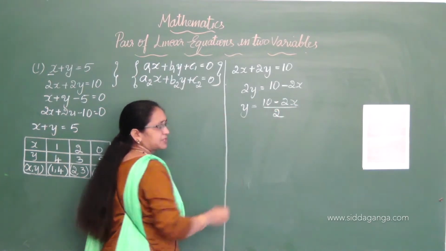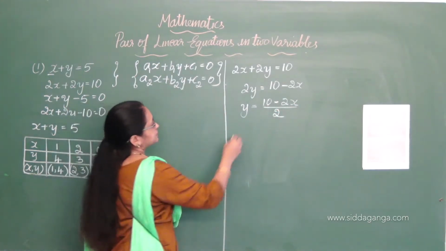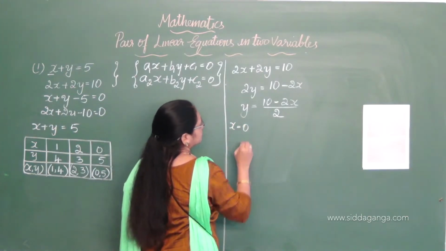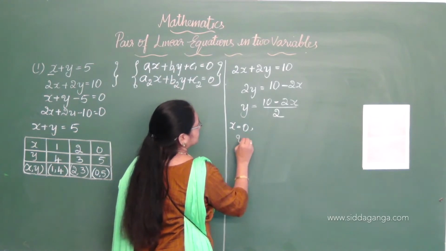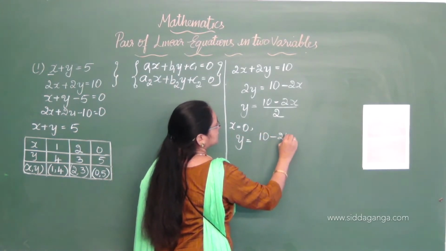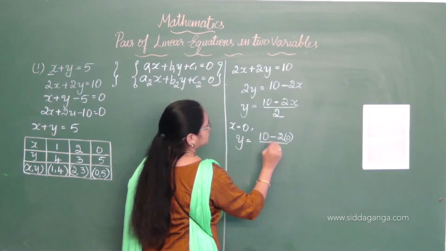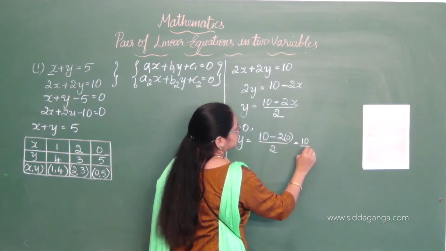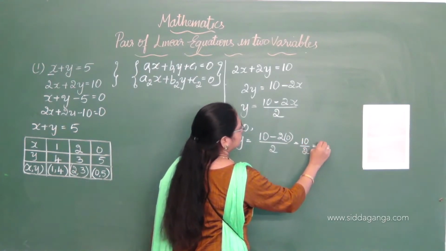Now, let us go on putting the values for x. We can take x as 0. When x is 0, y will be equal to 10 minus 2 into 0 divided by 2. So, this will be 10 minus 0, 10 by 2, that is 5.